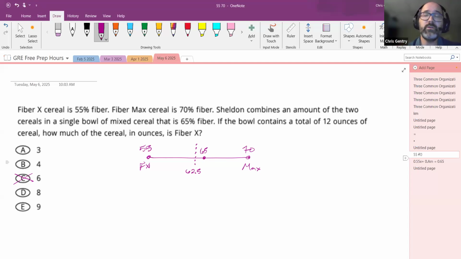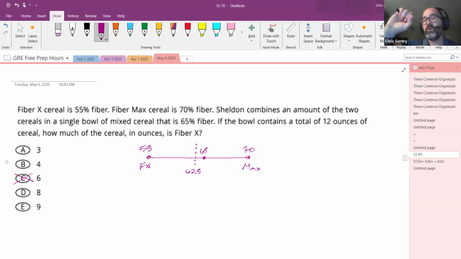But now, what do you suspect we used more of? I don't know. Fiber X. Other way around. Whichever your result gets pulled towards, fiber max. 62.5 is what we get if we're dead even.